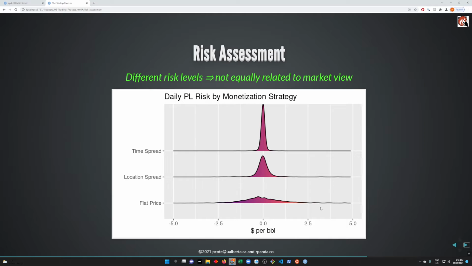Now, the question that's really important for you to answer yourself is a simple one: if you choose any of those three, to what extent might the potential financial outcomes be related to your market call? So in cases where you may have a view on a location or a market which might be fairly strong, you have to think about the impact of flat price movement on those spreads.